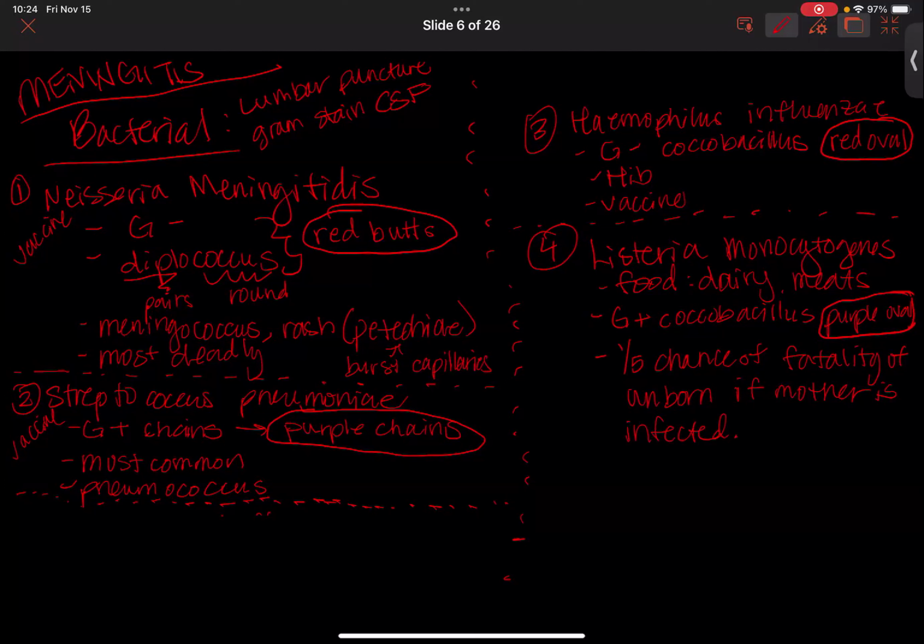So what else am I missing about this? I don't think really much. It is motile, and it's an intracellular pathogen, so it gets inside of the cells, which is how it gets across the blood-brain barrier.